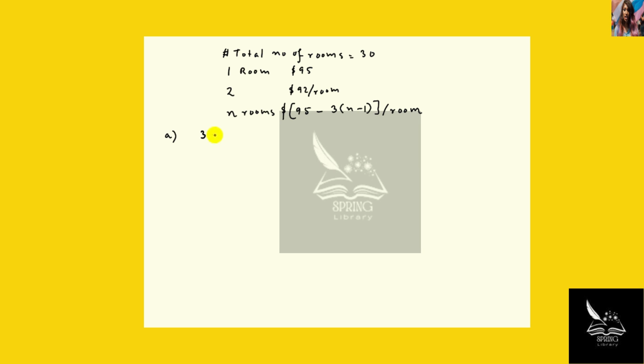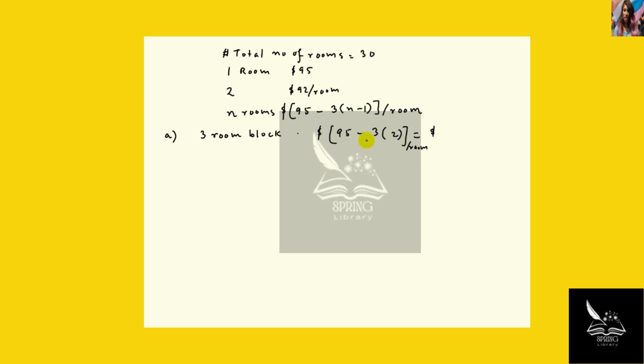So for this three room block, the price per room is 95 minus 3 times n minus 1, which is 2 here, per room.